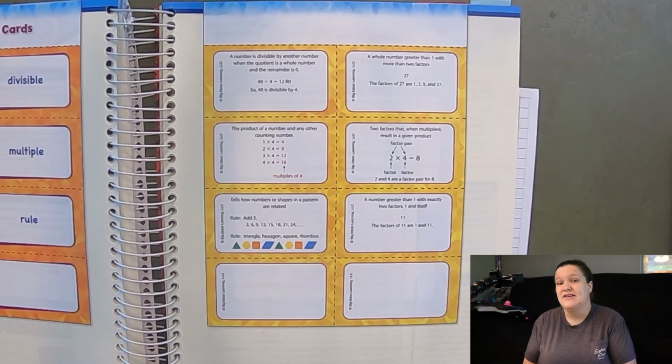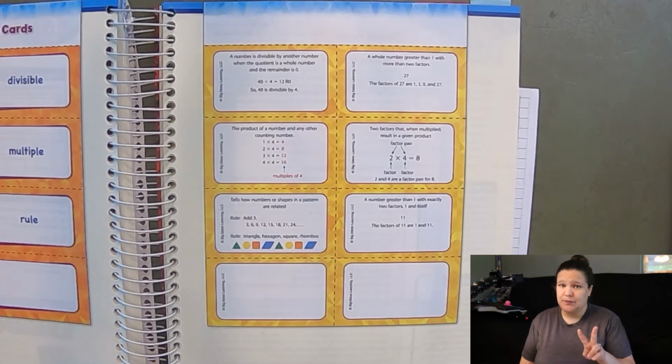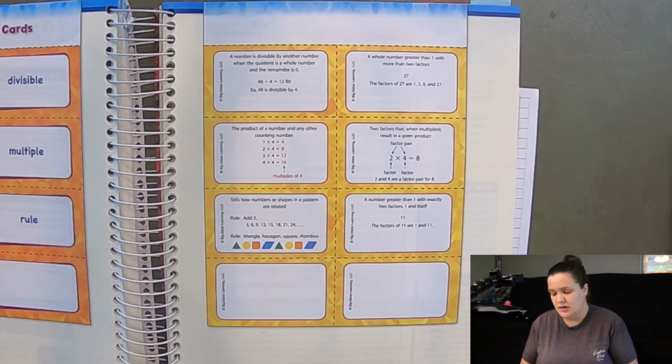If it is an even number, any even number besides 2 is a composite number, because 2 is also a factor. 4, 6, 8 you can get by multiplying by 2. Any multiple of 5, any number that you can multiply by 5 to get bigger than 5, because 5 is a prime number, but 10, 15, 20, 25, all of those also have a factor of 5, so those are composite.